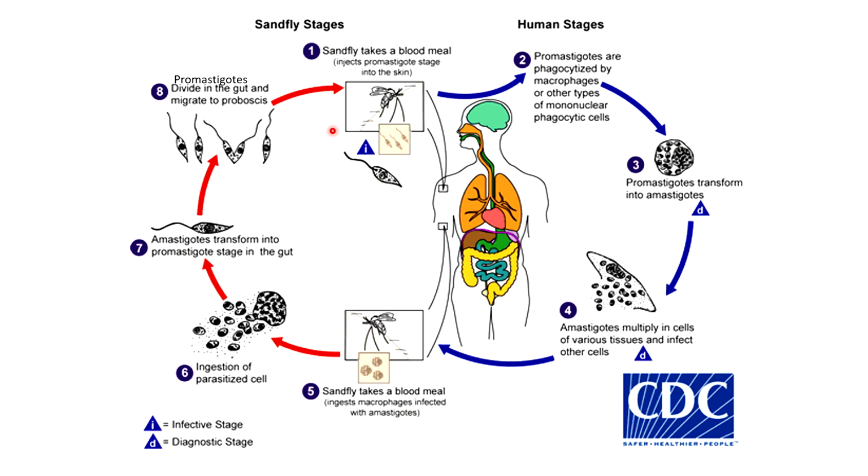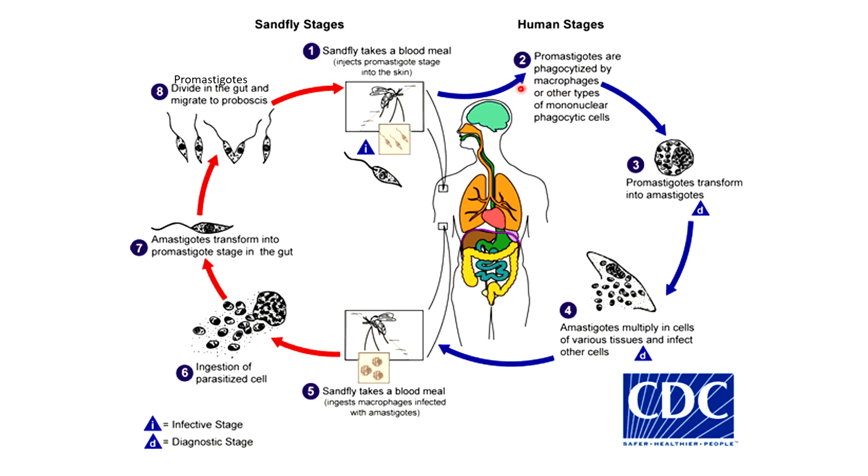So here's the life cycle of Leishmania. On the left side you have the sandfly stage. The way humans get infected is the sandfly takes a blood meal and bites a human. They inject the promastigote form of the parasite into the human skin, and the immune cells known as macrophages react to these parasites.